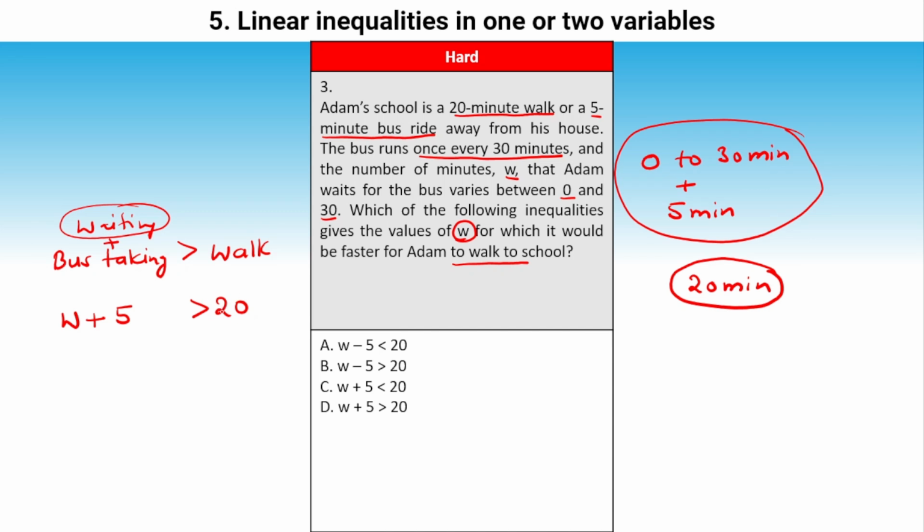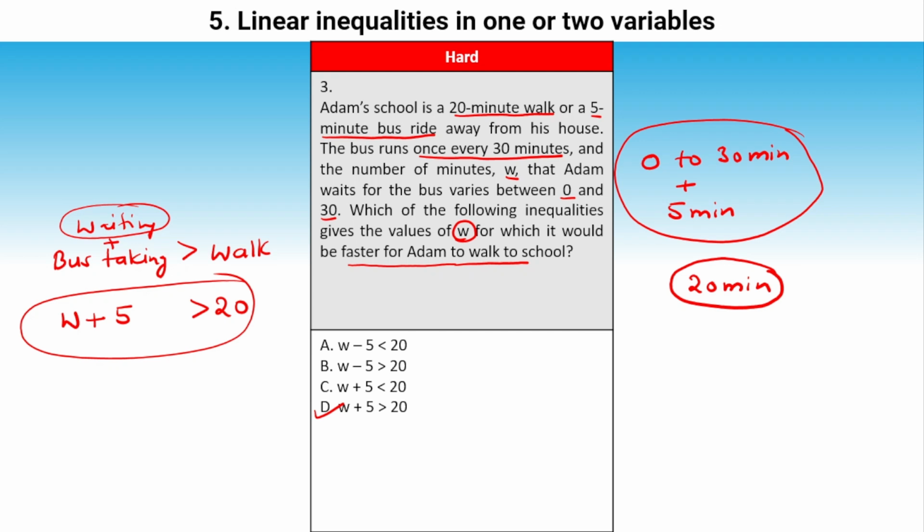In this case, it will be faster for him to reach school by walking than by bus. So this is the condition, this is the inequality, and that is your answer. I think you got it.